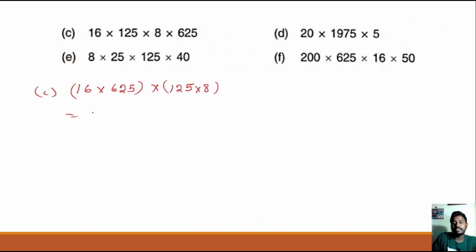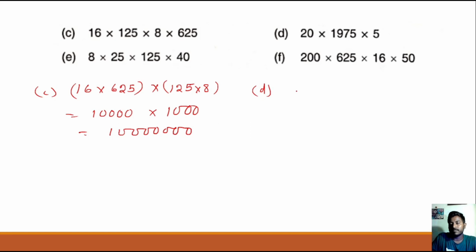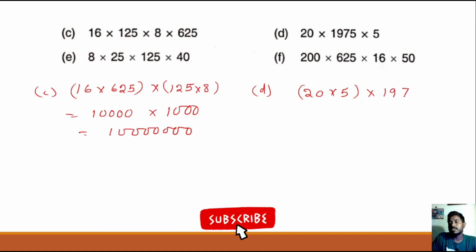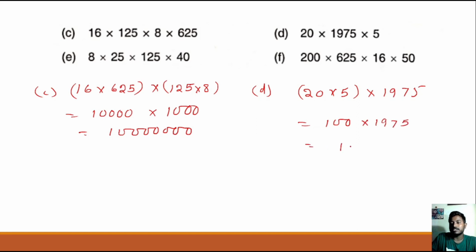So this is 10,000 into 1000, that is 1 crore. Next, D number, 20 into 5, because 20 into 5 is equal to 100. Now multiply with 1975. So the answer will be 100 into 1975. Now multiply orally, that is 197500.